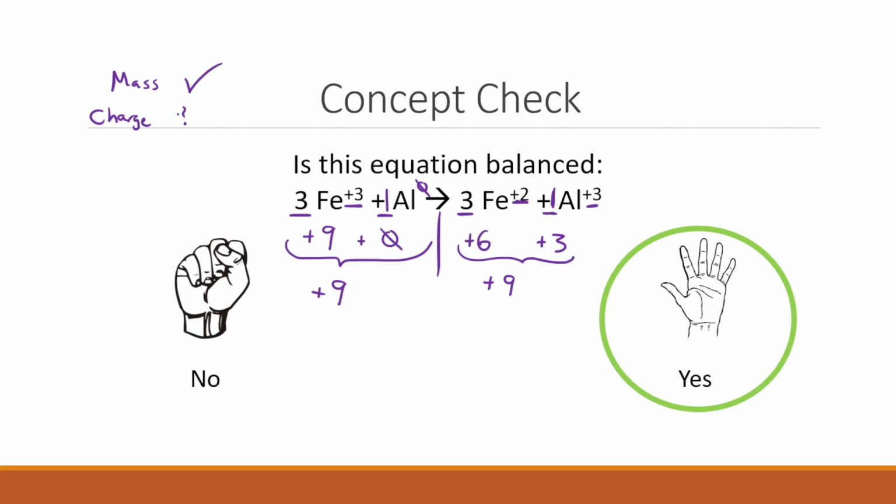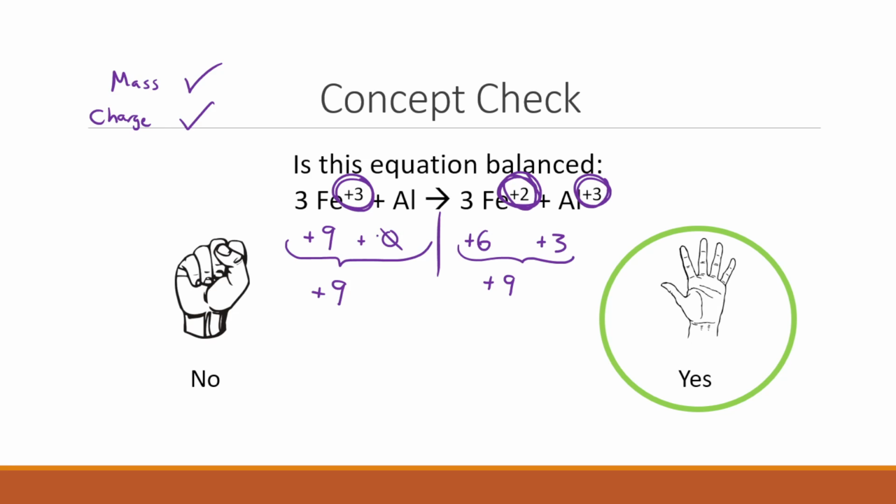So is my charge balanced as well? Yes, it is. Both mass and charge are balanced. Again, this only matters if I've got an equation that has these naked charges. I need these charges hanging out in order for me to care about this.